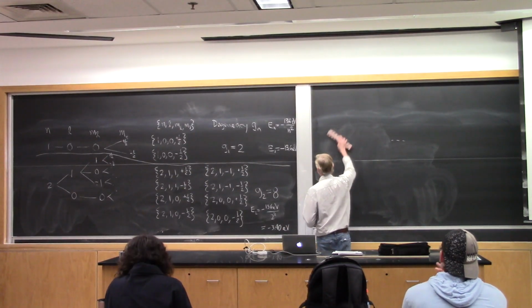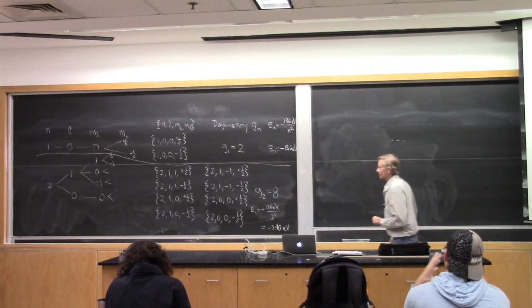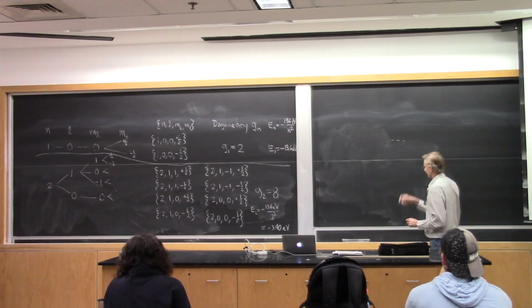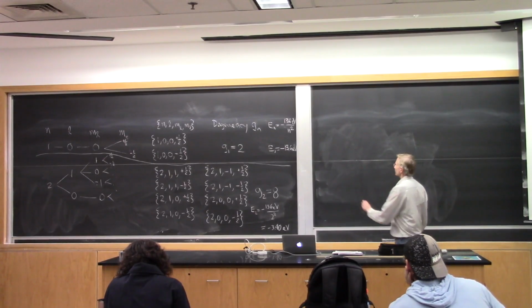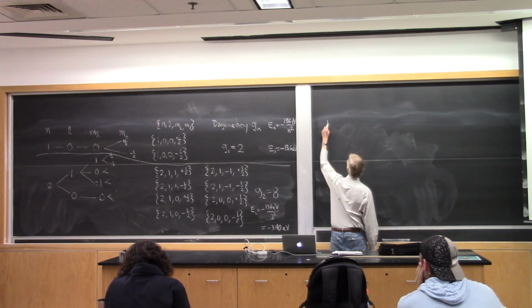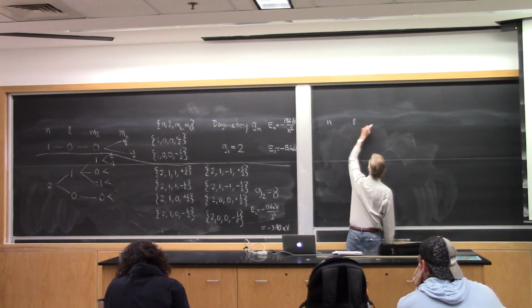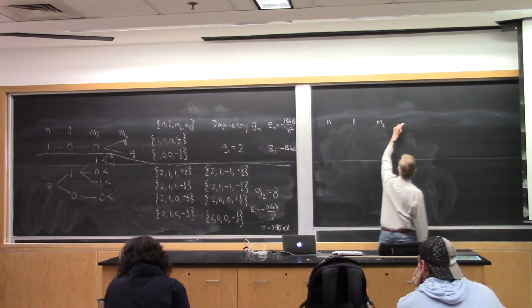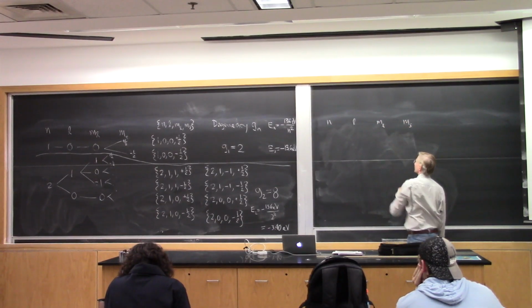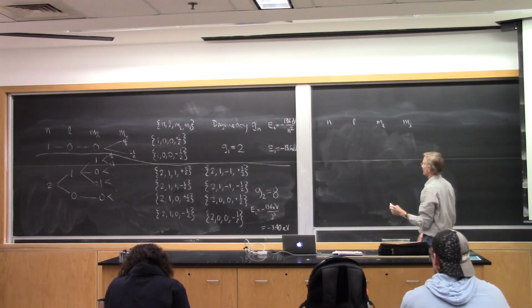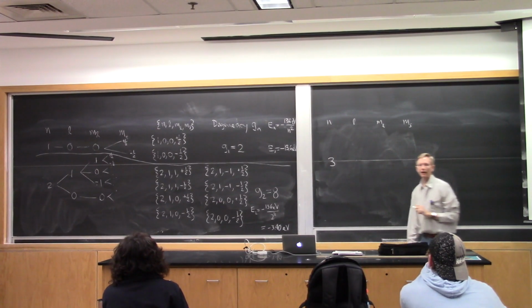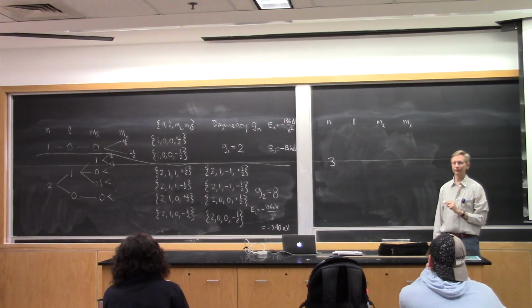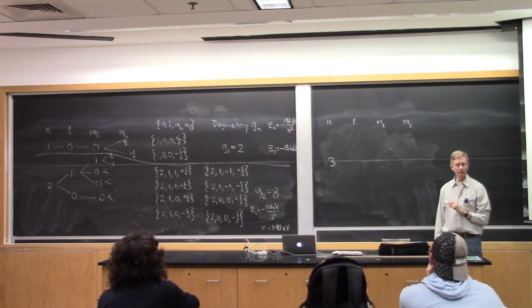So I don't feel like writing the whole thing here, but we'll set up the idea. If I go to n equals 3, if you do n, l, m sub l, m sub s, we're not going to list them all this time, but just so you get the pattern. If I have n equals 3, what are my possible L values? 0, 1, 2, right?